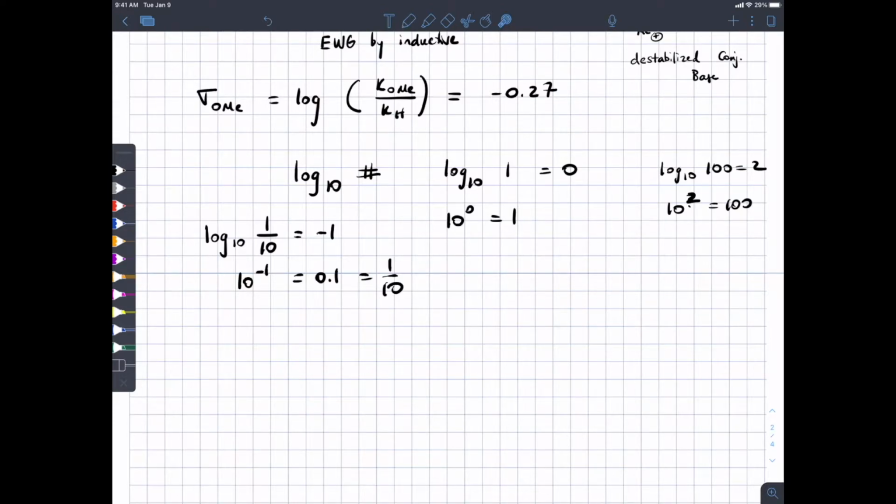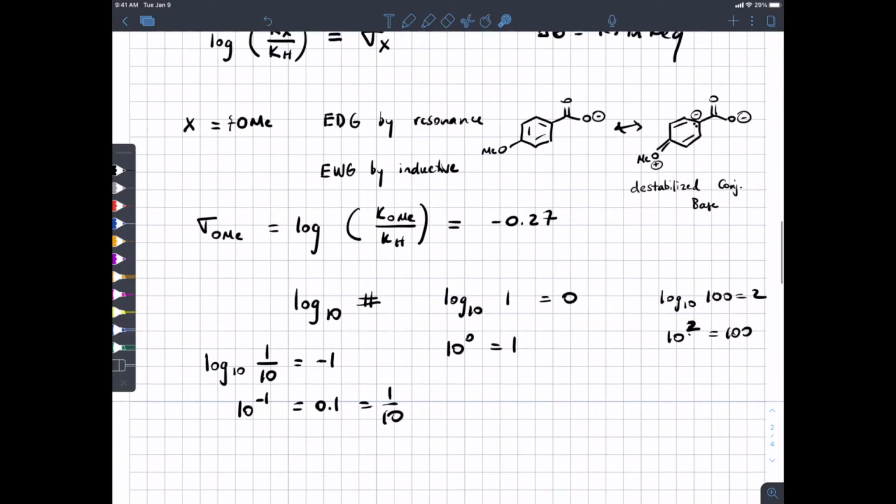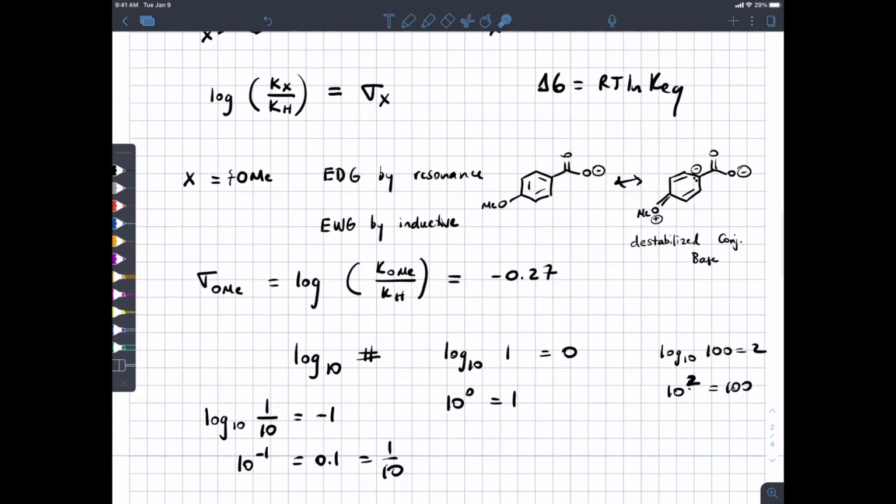So the fact that this is negative means that the equilibrium constant for hydrogen is bigger than the equilibrium constant for the methoxy group, which is consistent with what we expected, because you think the methoxy group is going to destabilize the conjugate base, so benzoic acid should be more acidic than methoxybenzoic acid.